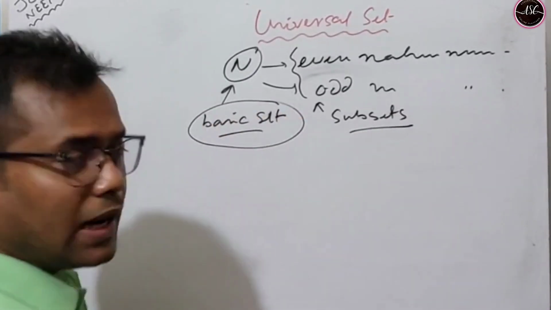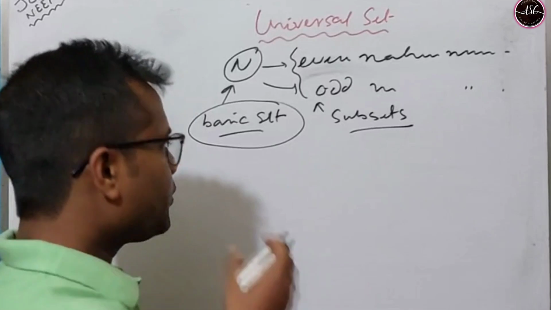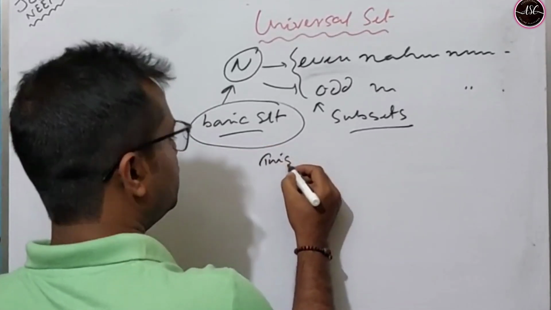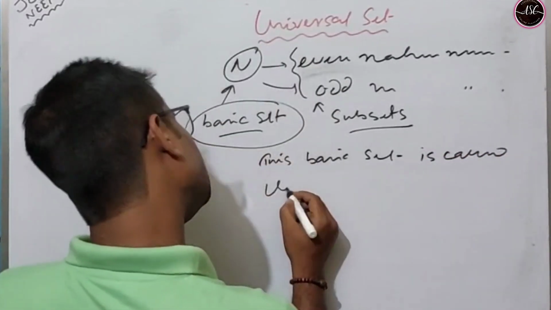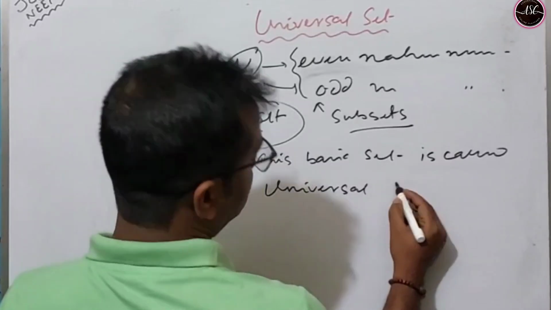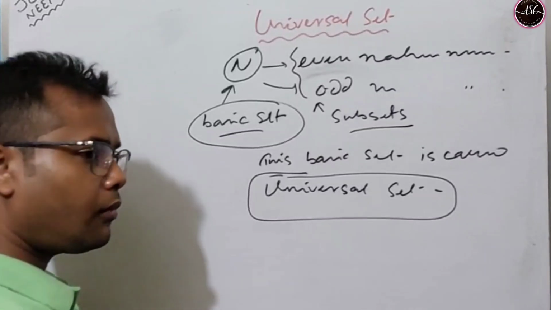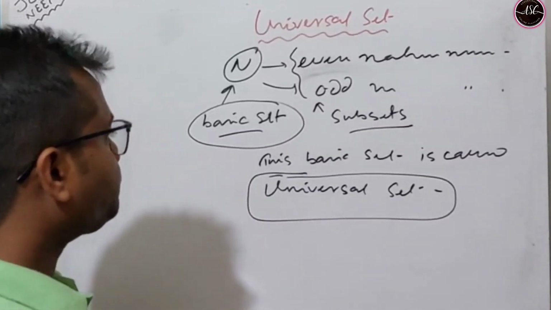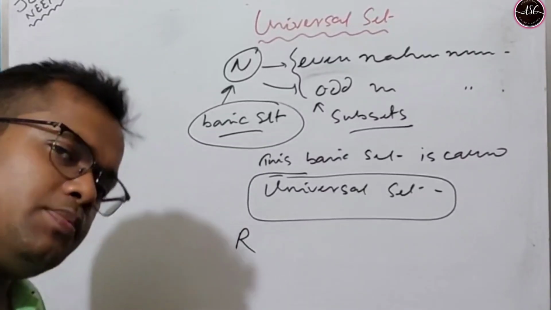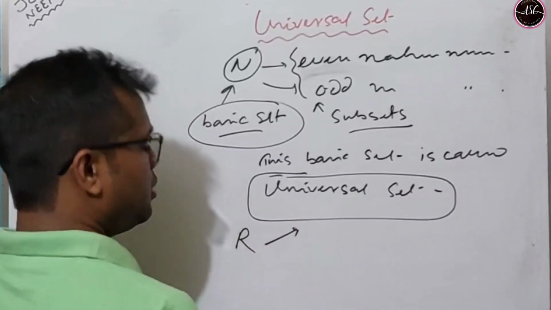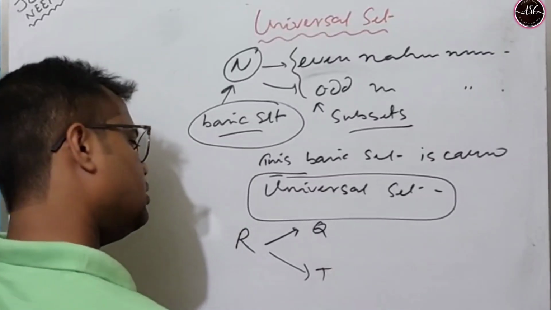The basic set is the universal set. If we take another example, R is the set of real numbers, and there are some subsets like Q, rational numbers, and T, irrational numbers.